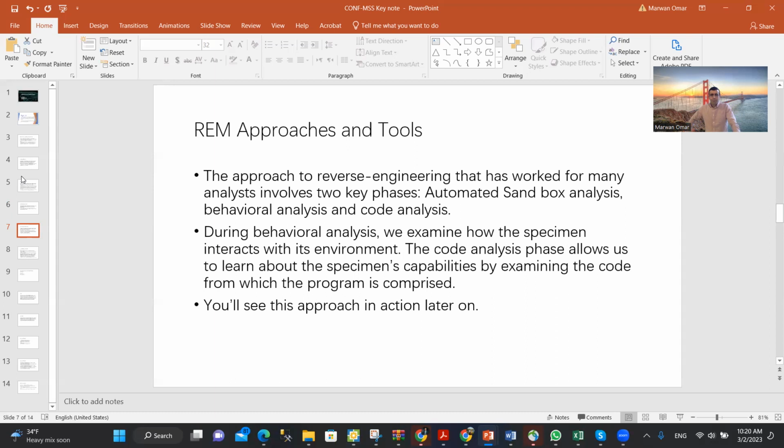And then the code analysis phase. It allows us to learn about the specimen's capabilities by examining the code from which the program is comprised. So these are the approaches. Of course, the behavioral analysis and the code level analysis, they can be very time consuming.